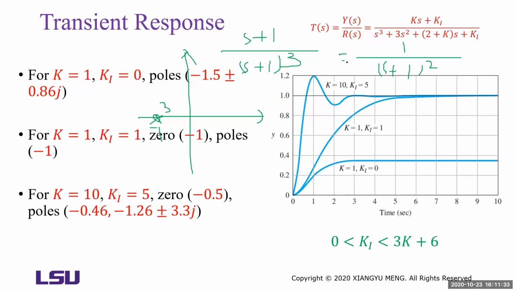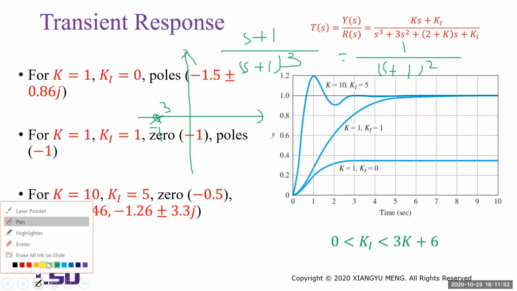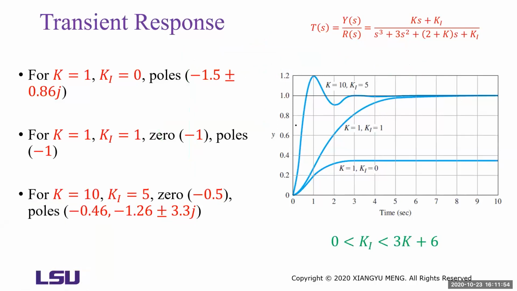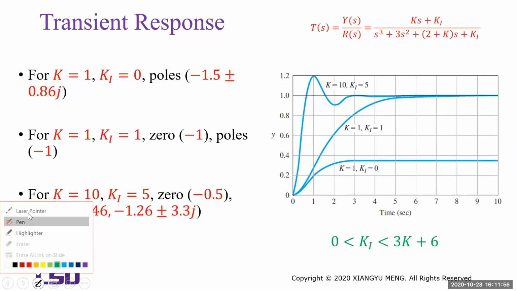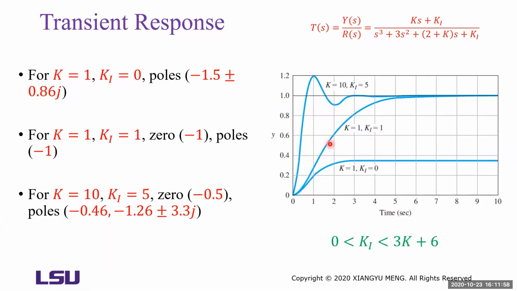But this is only possible because we have a minus 1 pole in the left. If any pole is in the right, you cannot cancel it because it can make the system unstable. Here is the step response when k is 1, ki is 1.